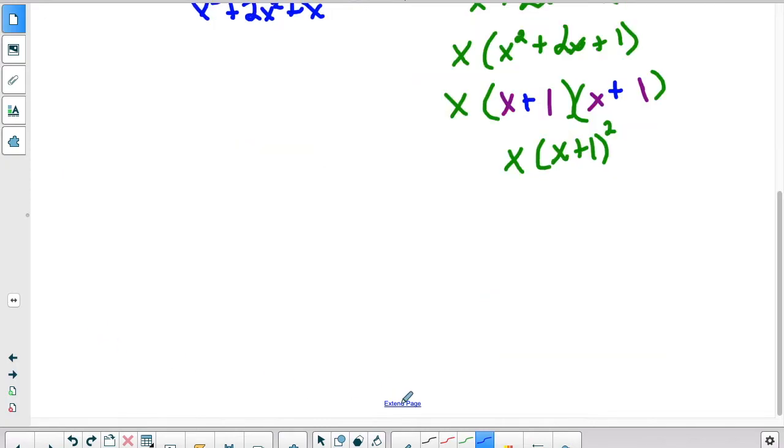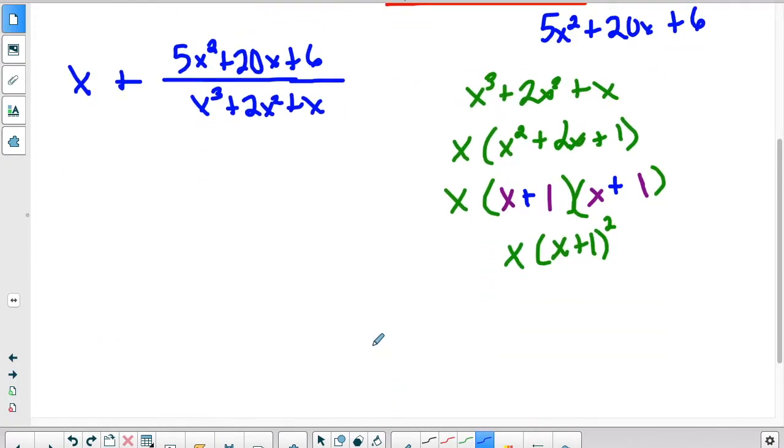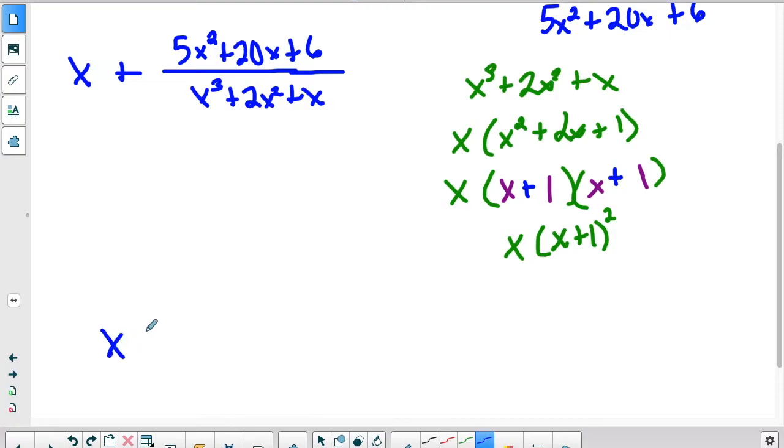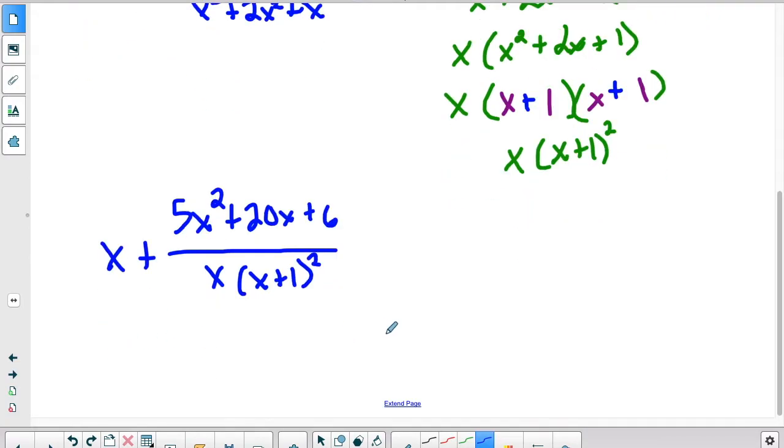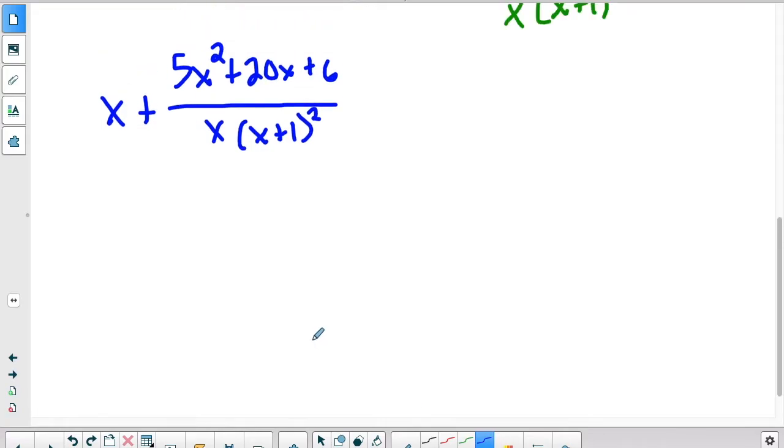So really what we're finding the partial fraction decomposition of is x plus 5x squared plus 20x plus 6 all over x times x plus 1 squared. Now, when we're doing our partial fraction decomposition, we're not looking at this whole thing, x plus this.